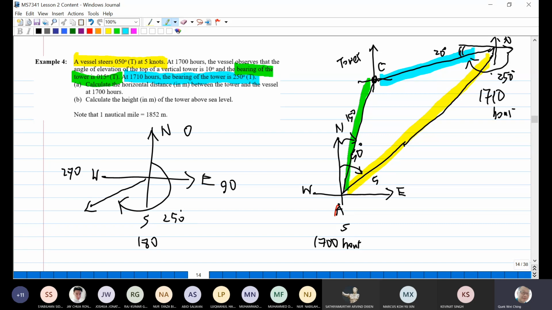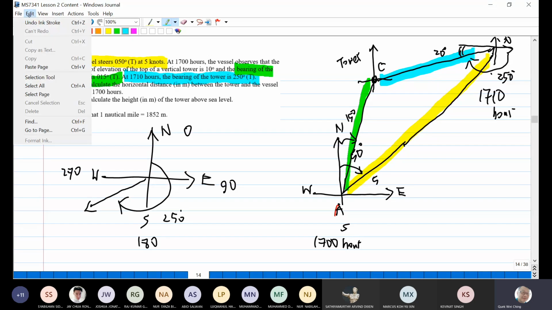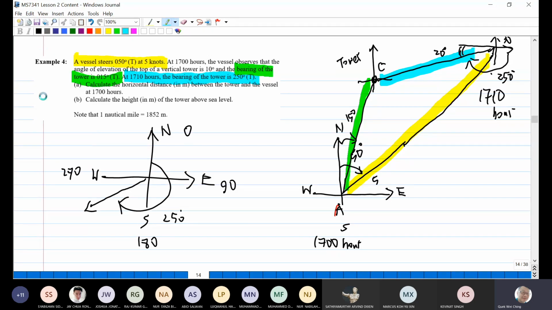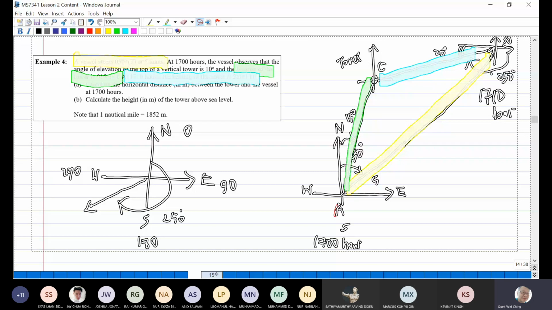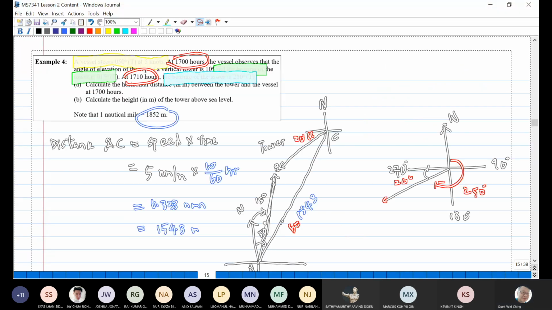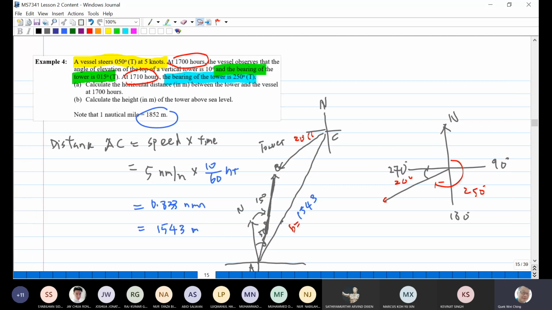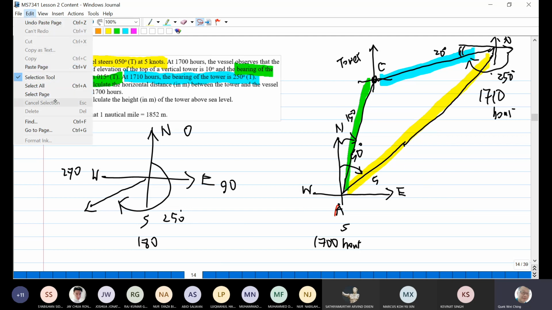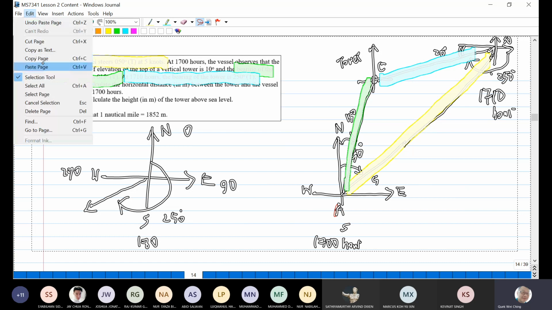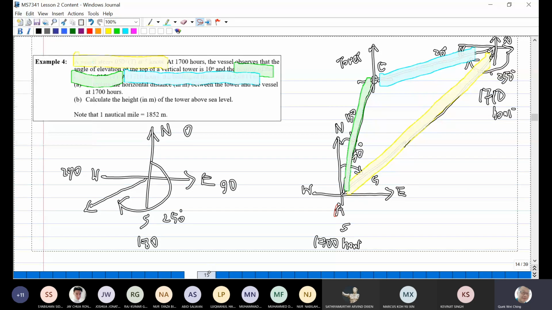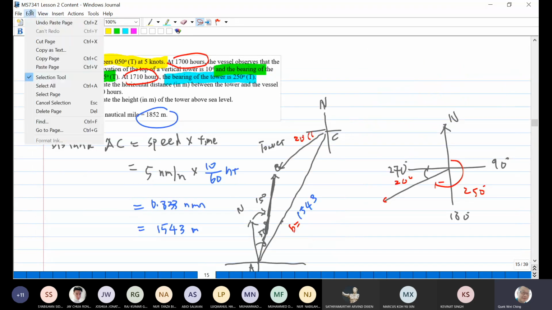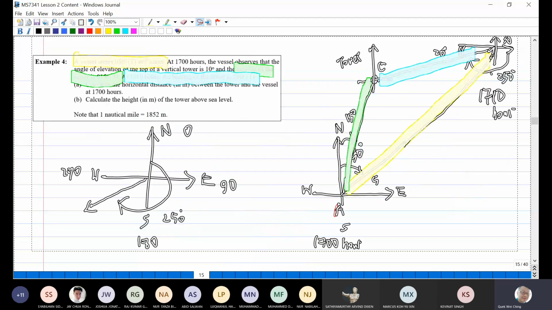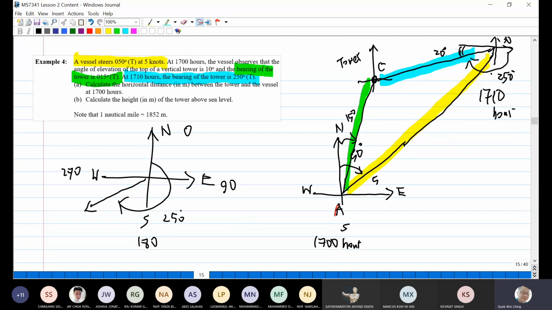Let's try to understand this. Let me copy this diagram again onto the other page. Edit, copy, select picture. Okay, so this is the diagram. Let me calculate this again.